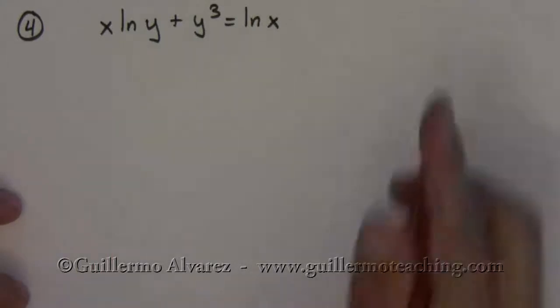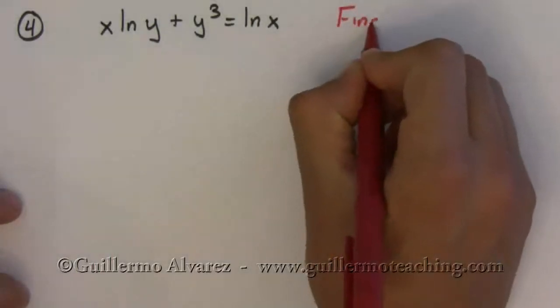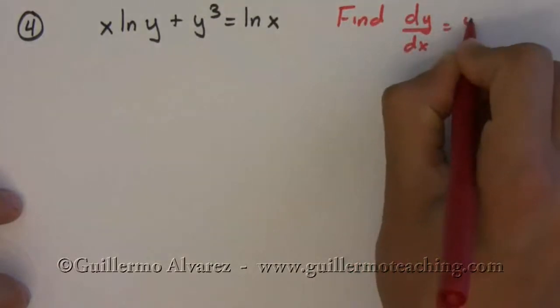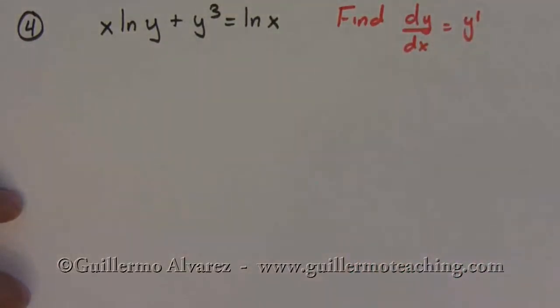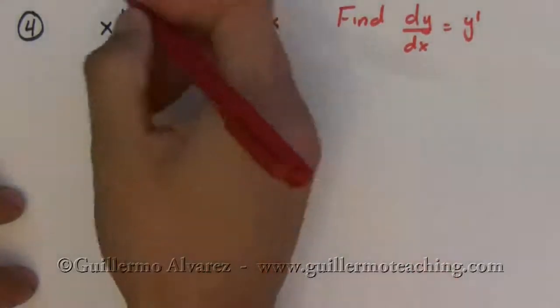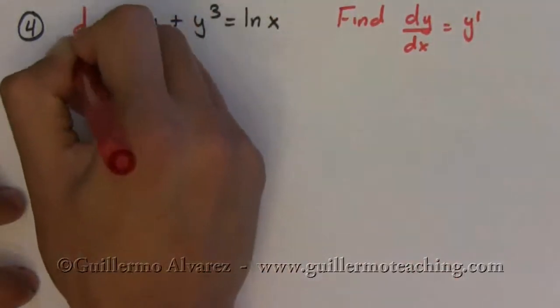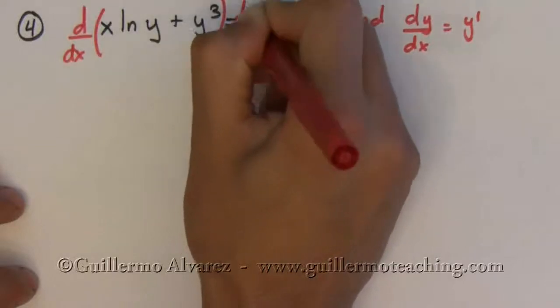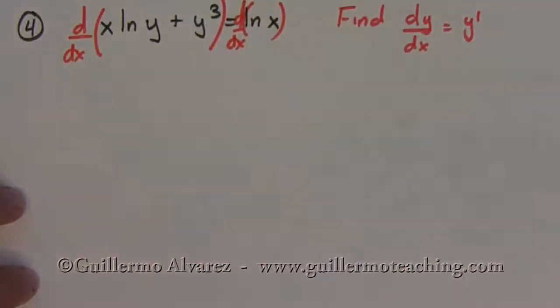Okay, so we want to find dy over dx, or y prime. So remember, the first thing you do is you get the derivative of both sides with respect to x. And so here we go.